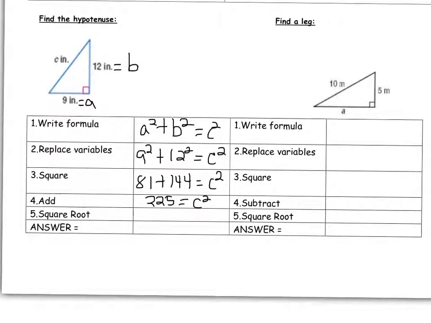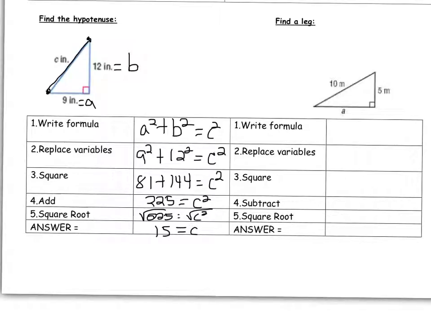I want to know what the distance is from the top of the triangle down to this corner here, just that side length. And in order to do that, I take the square root. So I would take the square root of 225. And the square root of 225 is 15.